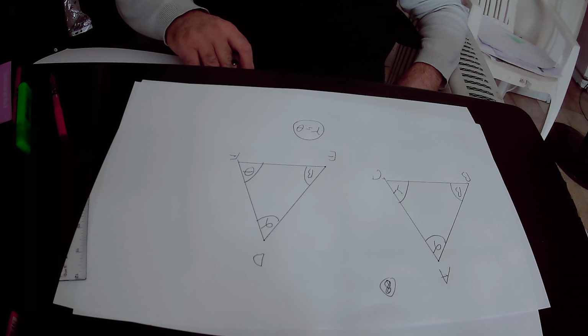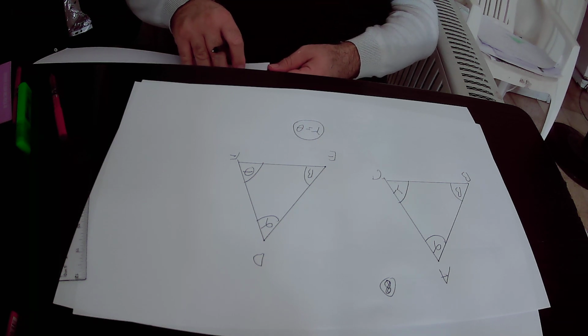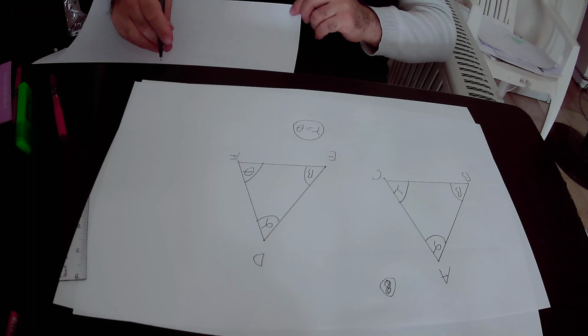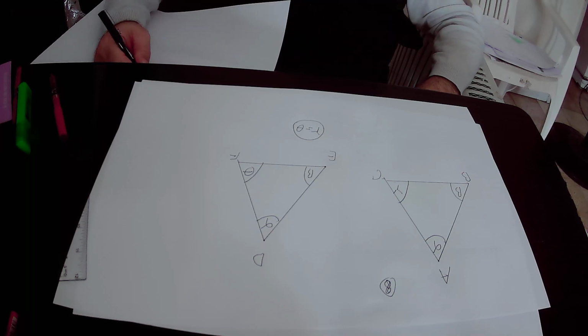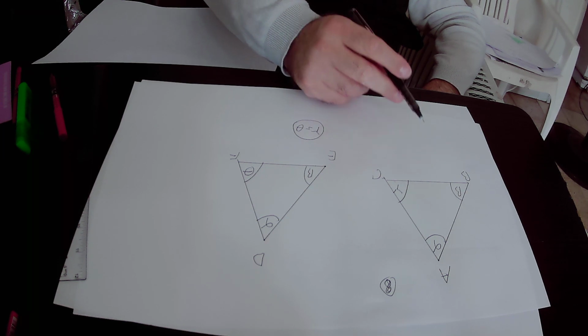As you already know, the sum of the angles in any triangle equals 180 degrees. Especially, the sum of the angles in triangle ABC must be equal to 180 degrees.